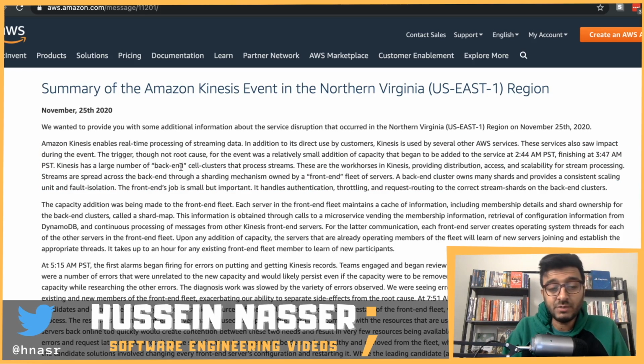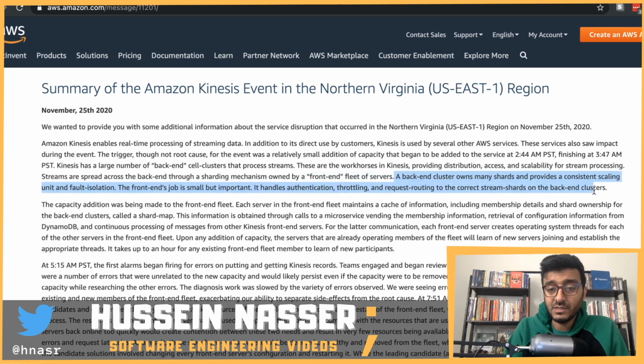Kinesis has a large number of backend cell clusters that process streams. Those are the backend architecture that we explained in the diagram. These are the workhorses in Kinesis, providing distribution, access, and scalability for stream processing. Streams are spread across the backend through a sharding mechanism owned by a front-end fleet of servers. Those are the front end that we explained.